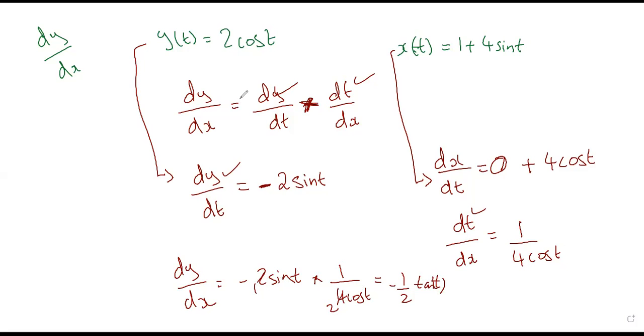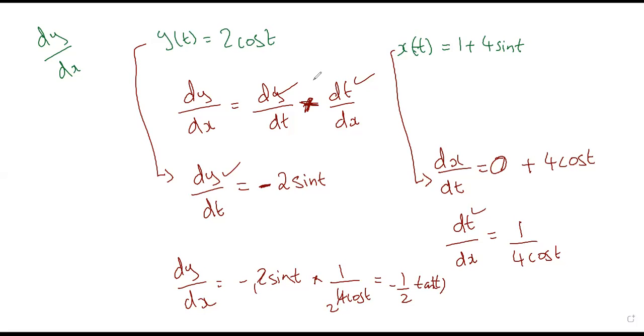Now, I will explain it to you. Here we were not asked to find dy by dt. The question was to find dy by dx given that y is this and x is this. This is a totally different type of question. We have been solving questions where we just had one equation, in terms of y and x.